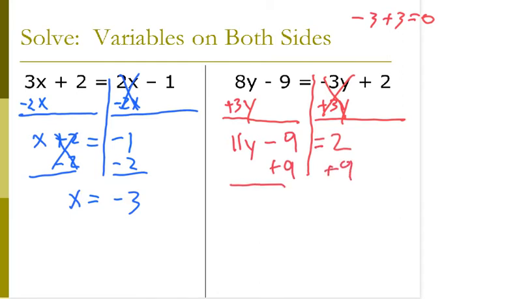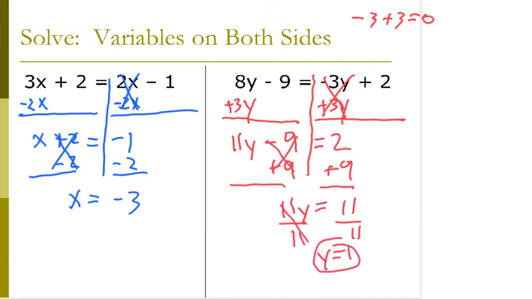These eliminate, and that leaves us with 11y equals 11. We apply our inverse operation. Inverse of multiplication is division, so we divide both sides of our equation by 11 and end up with y equals 1. We can check it by substituting as well.